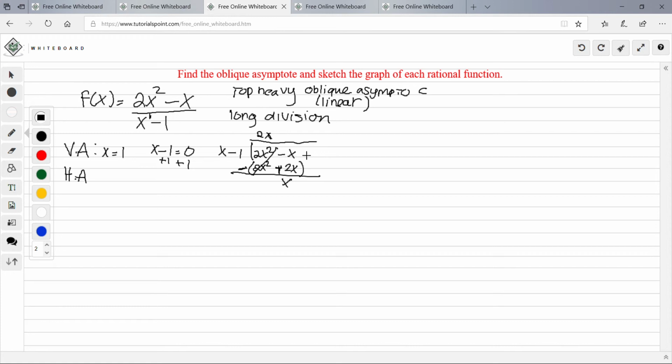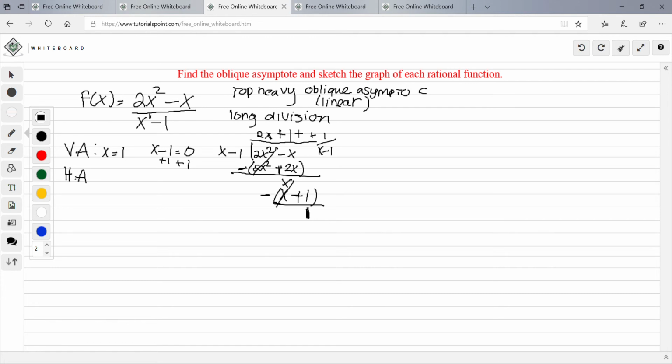And then let's keep on going, so I'm going to say plus 1. 1 times x is x. 1 times negative 1 is negative 1. Distribute the negative, the x cancels, and you get positive 1. So the remainder is 1 over x minus 1, but we don't really care about this part.